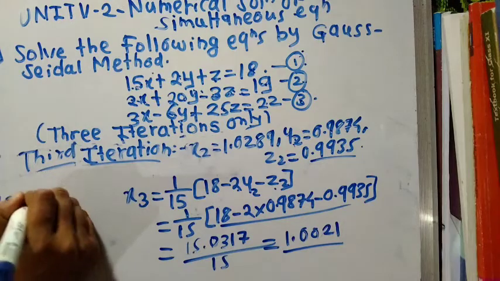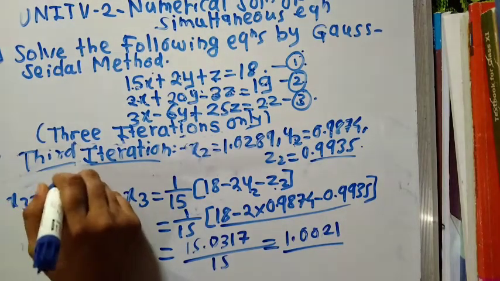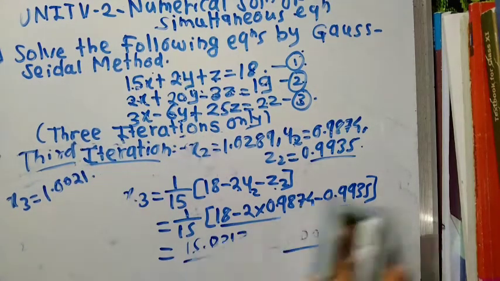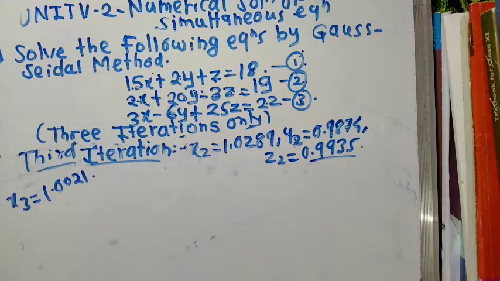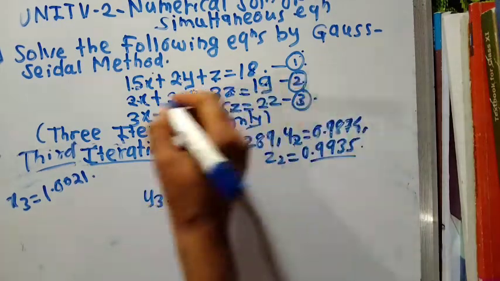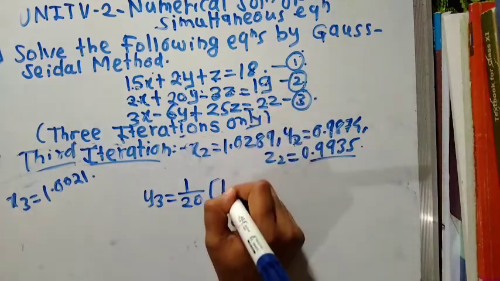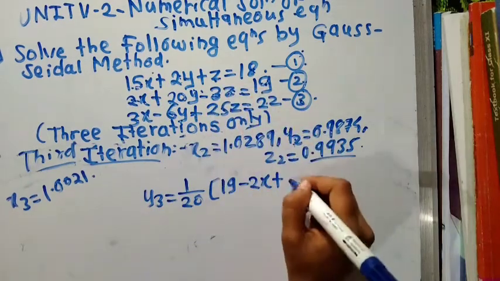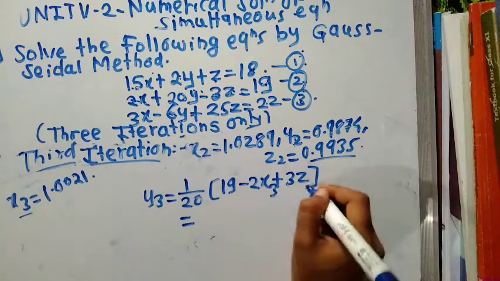Hence x3 is equal to 1.0021. Then find out y3. From equation second, 1 divided by 20, 19 minus 2x plus 3z, and here put x3 and here z2.